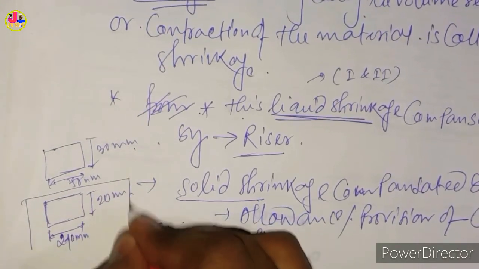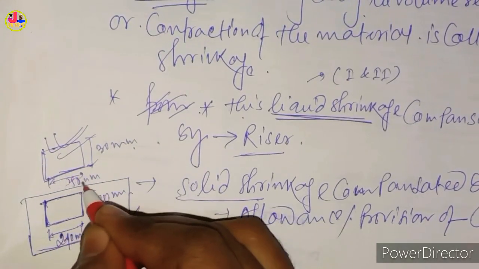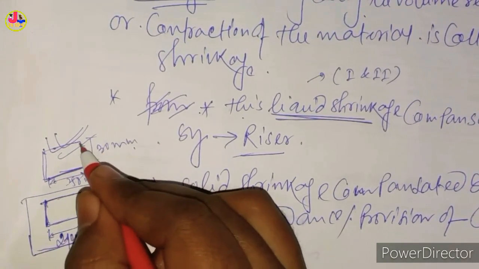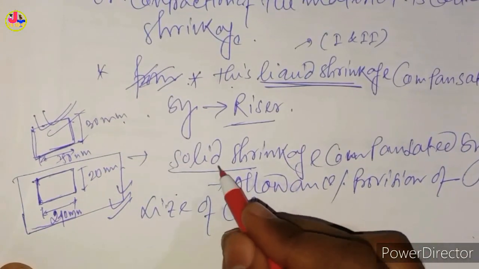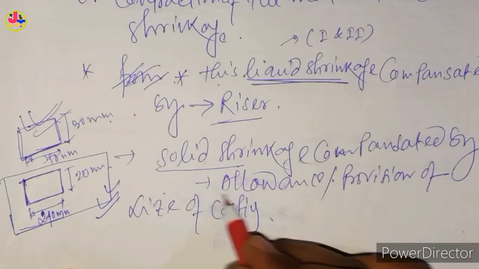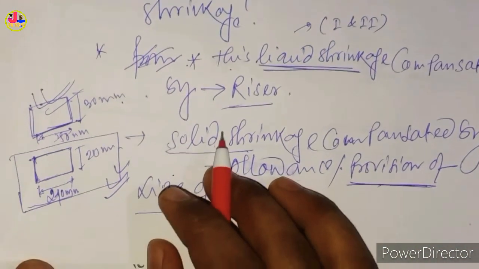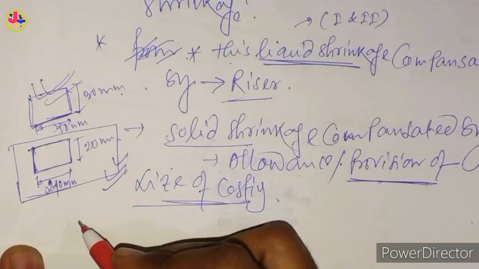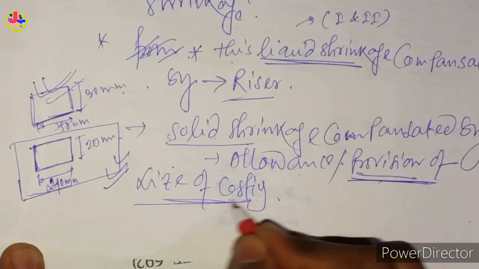So our desired is 250 mm in length and 30 mm. What will we do? We have to provide the allowance, meaning provision in the size of the casting: the excess linear dimension of the casting. That's why we say provision of allowance in the casting.